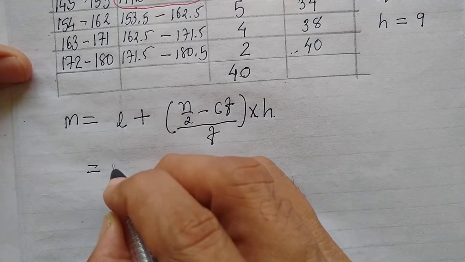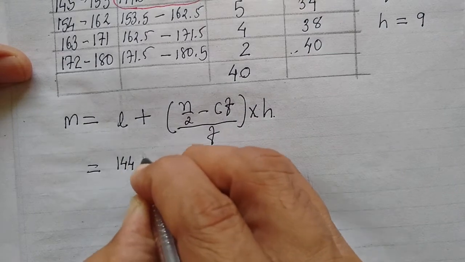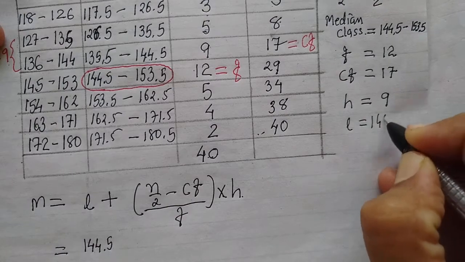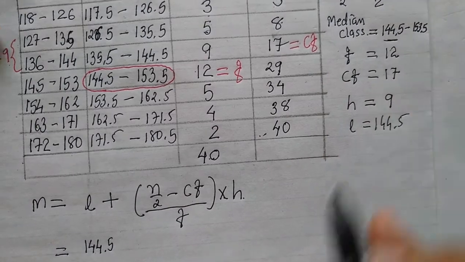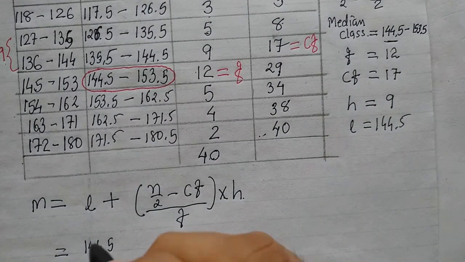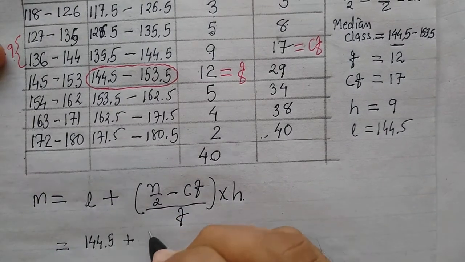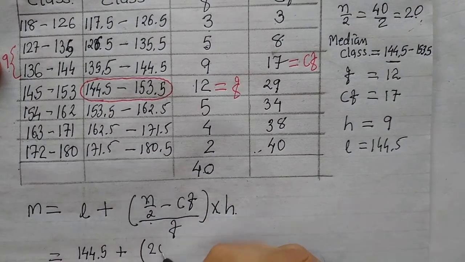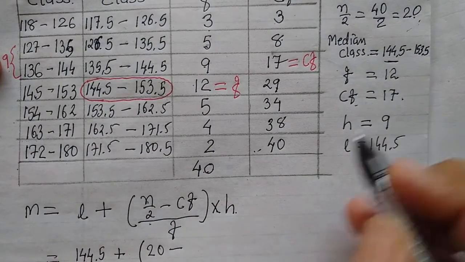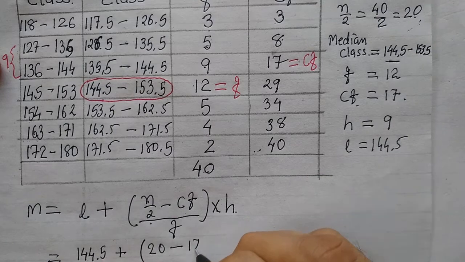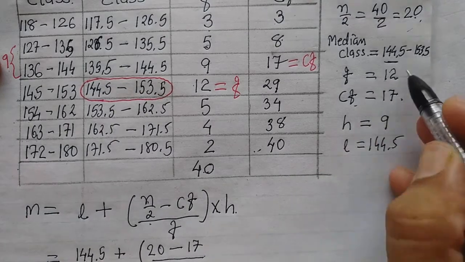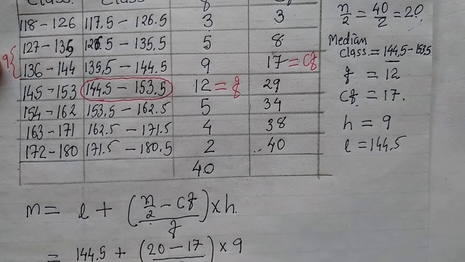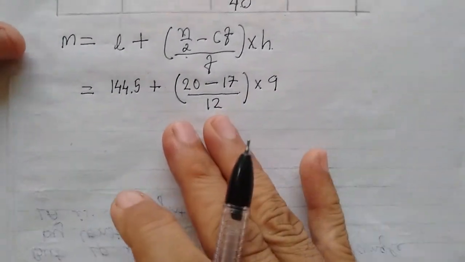L is the lower limit of the class, so 144.5, plus n by 2, which is 20, minus CF, which is 17, divided by f, which is 12, times h, which is 9. Now simplify this.